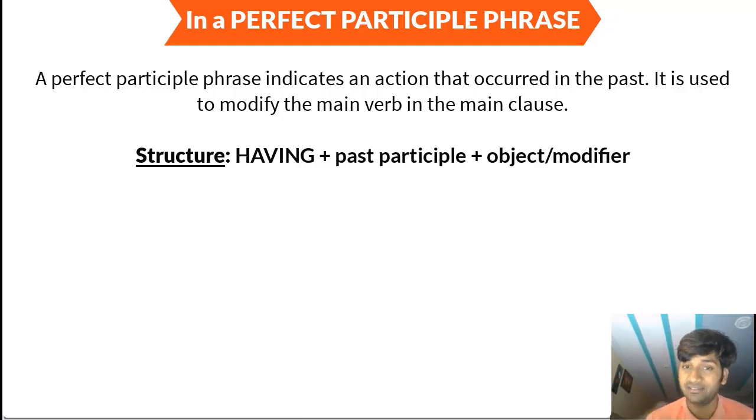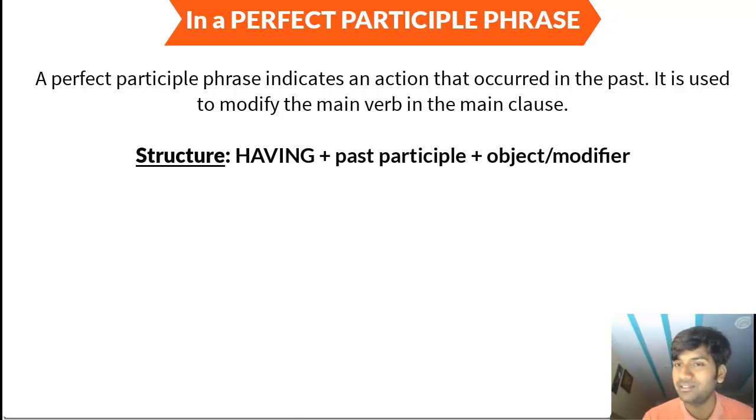This is followed by a main clause, or the main clause can come in the beginning, and this perfect participle phrase can come after that. All right, let's look at some examples and understand it. And it can be in both active voice and passive voice.